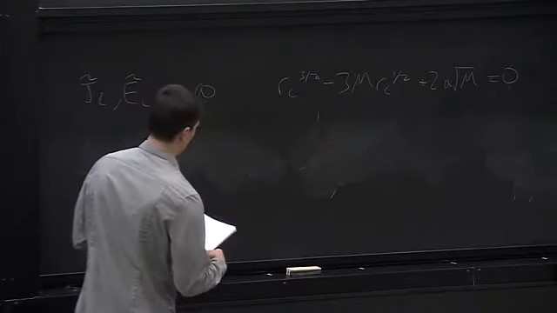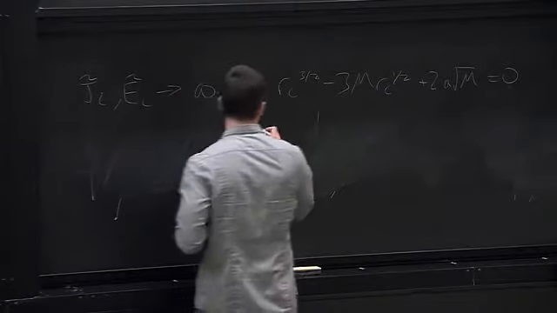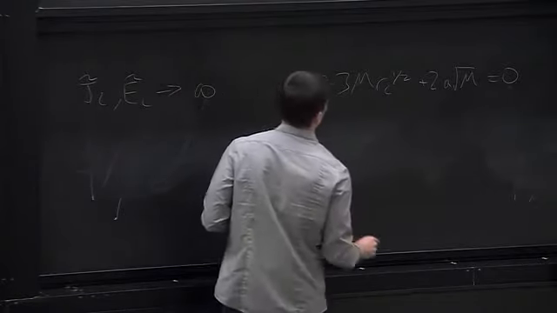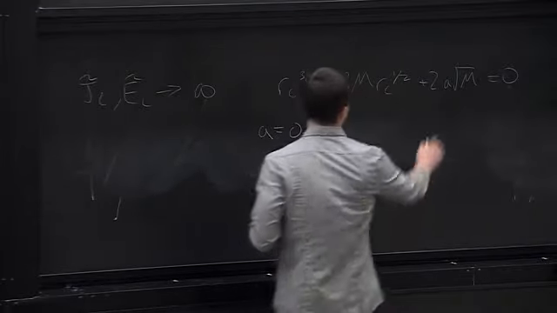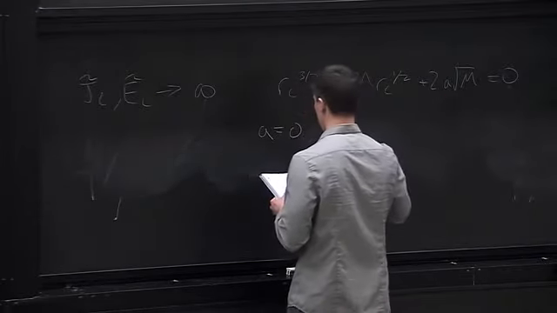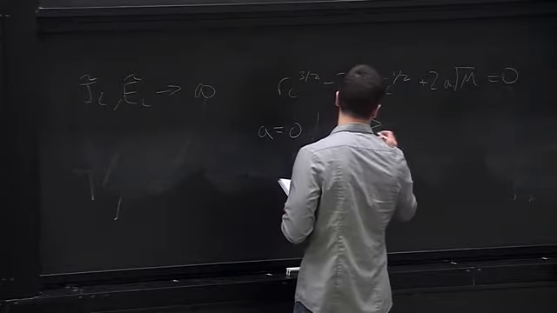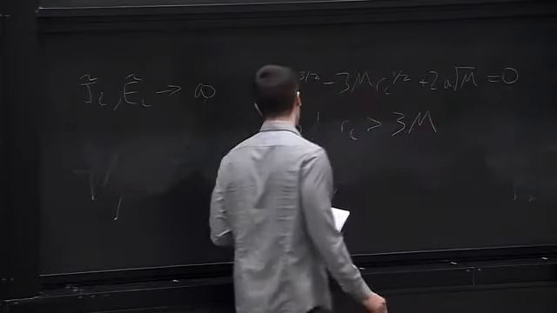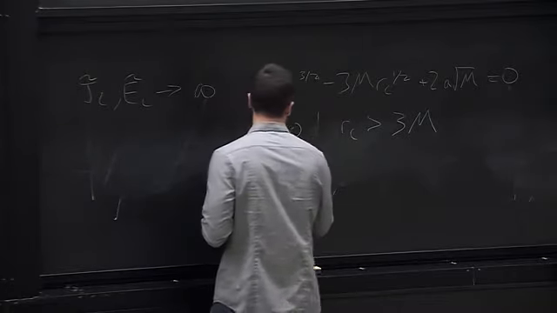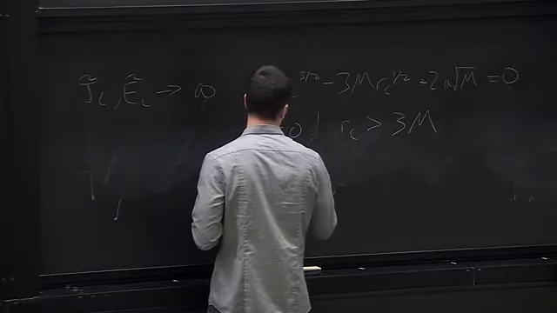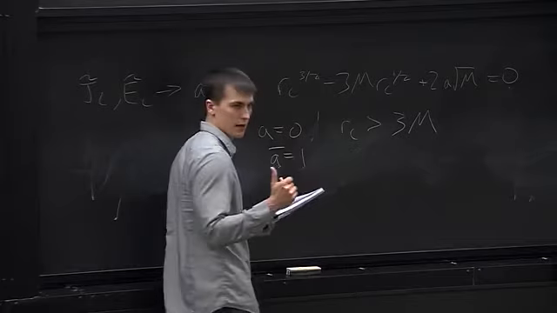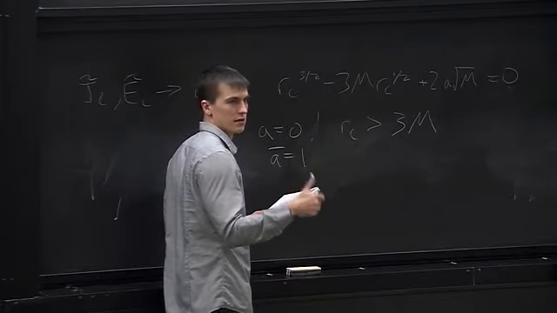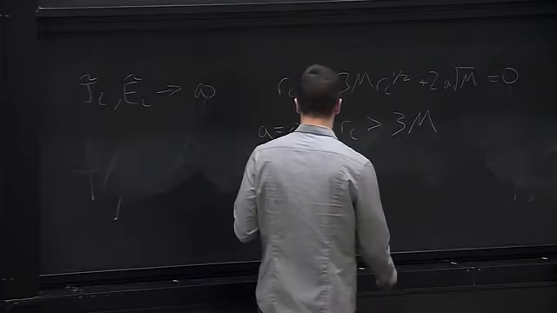So let's look at the solution of this equation in a couple different limits. First of all, if we have a equals 0, then we just drop this term, and we get the lower bound for circular orbits is 3m. And look at the extremal prograde case, so the orbital angular momentum and the spin point in the same direction.